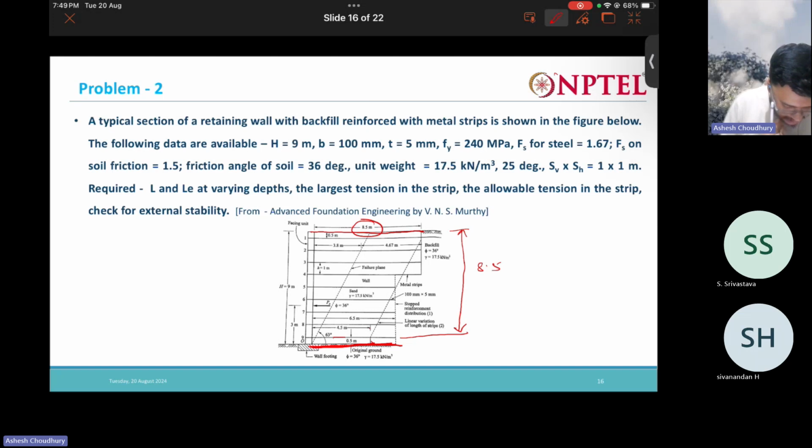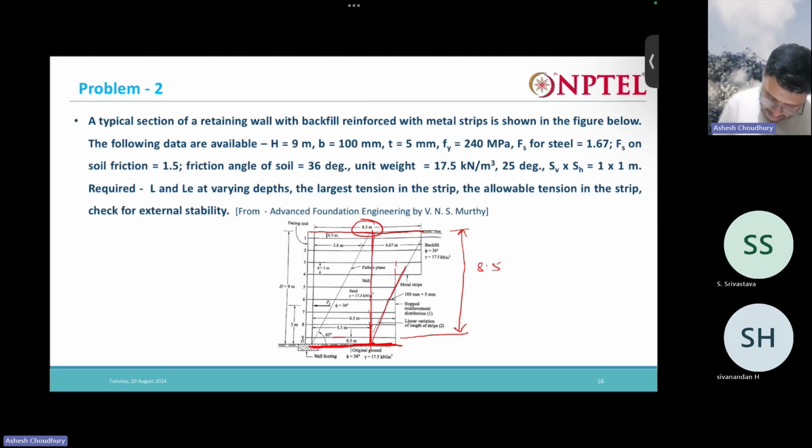So I will just show you, just a second. What they have done is they have divided the whole part into two things: one rectangle, like you see, it is 4.5 to here, right, and one triangle, like this.